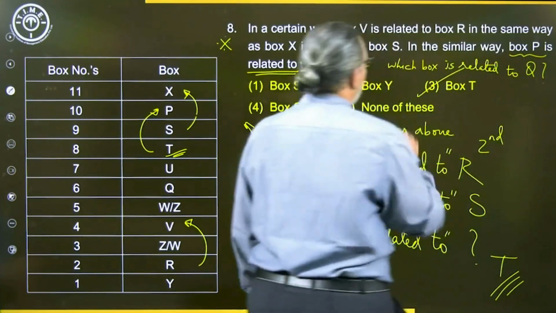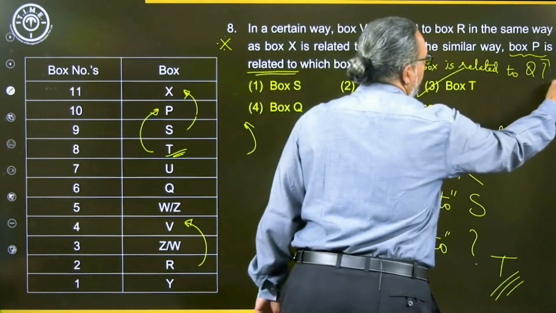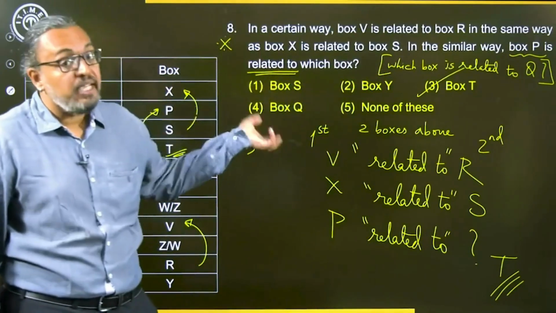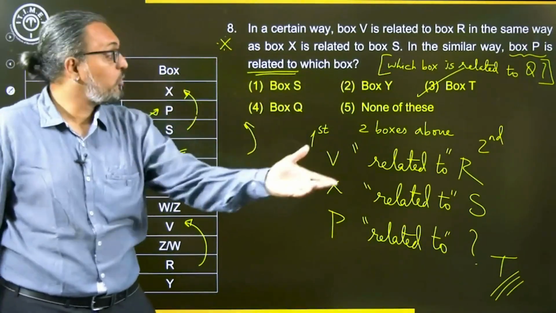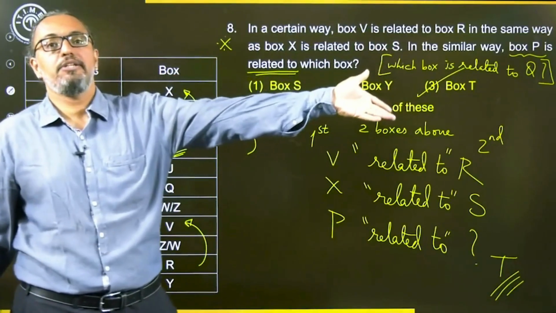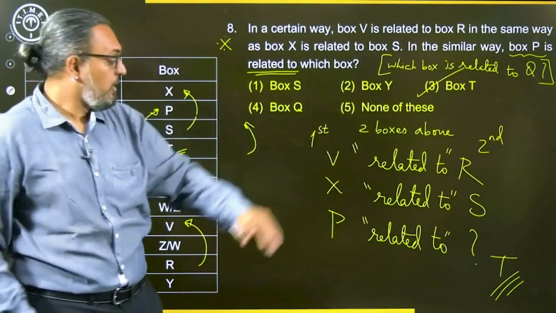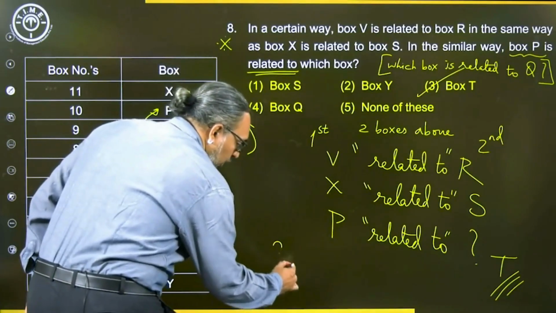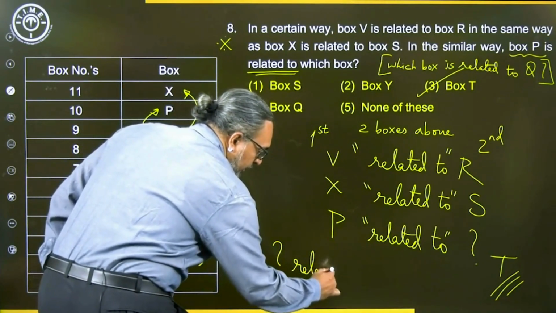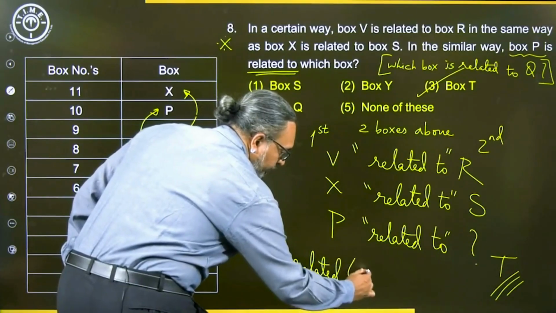If I suppose ask this question. Here the question was P is related to which box? You can also get a question like which box is related to Q? So that means now it is question mark related to Q.